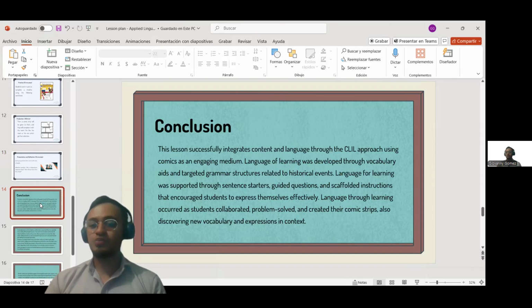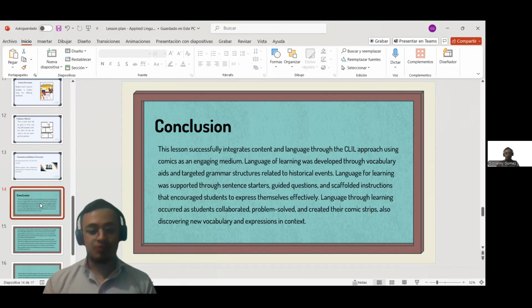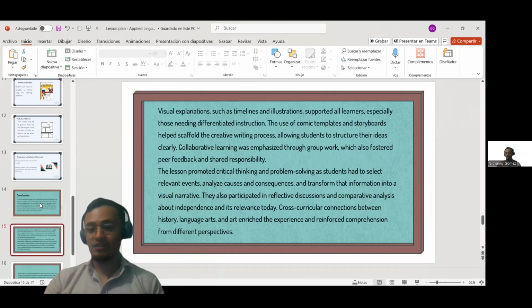Language for learning was supported through sentence starters, guided questions, and scaffolding instructions that encourage the whole group to express themselves effectively, not only to the teacher but also to the group. Language through learning occurs as students collaborate, solve problems, and create their comic strips, discovering new vocabulary and expressions in the context of the class.